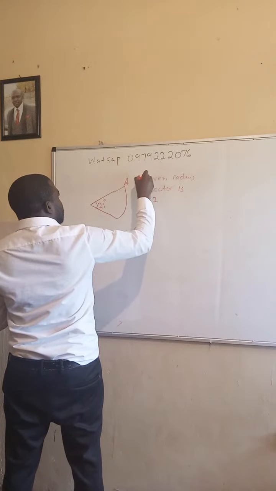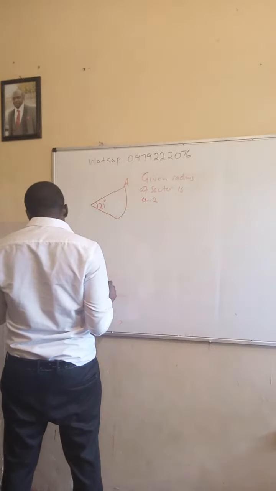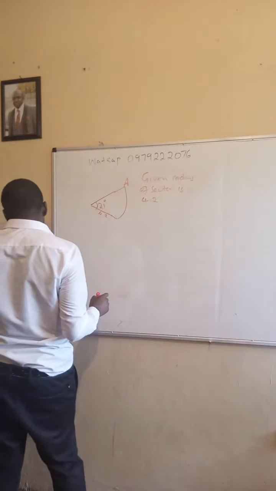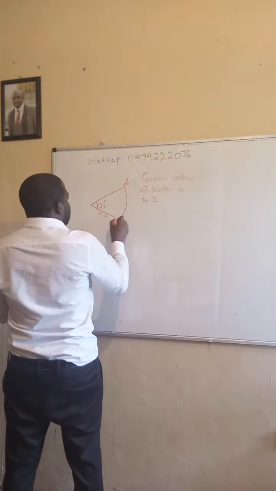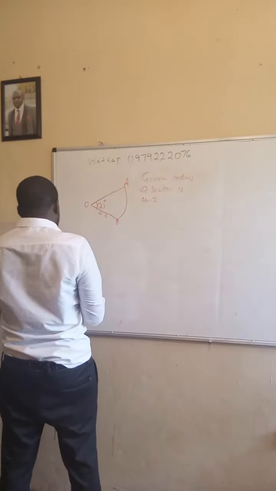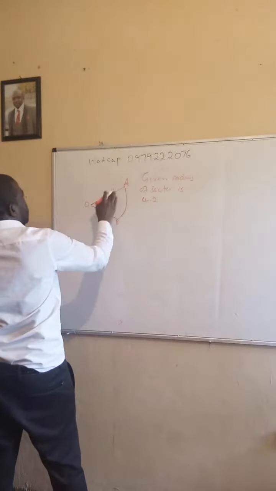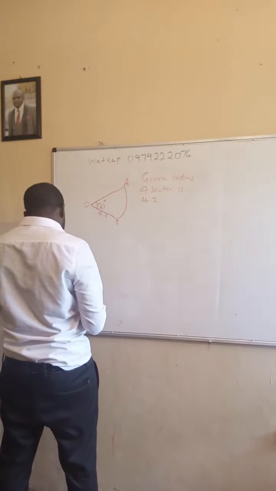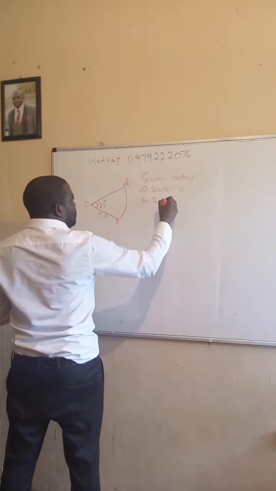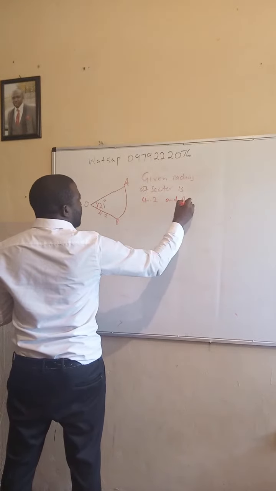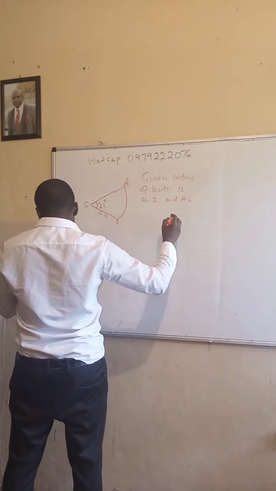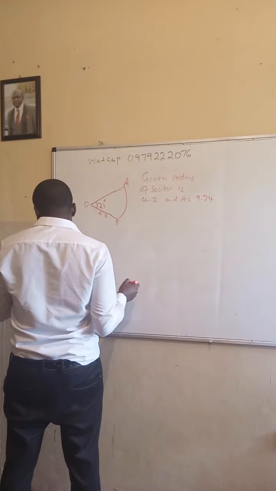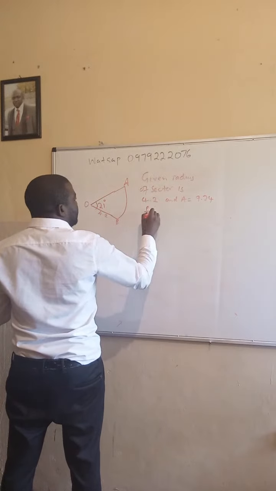So here this radius is 4.2, and this is B, this is O. Given the radius is 4.2, and the area is 9.24, find the value of theta.